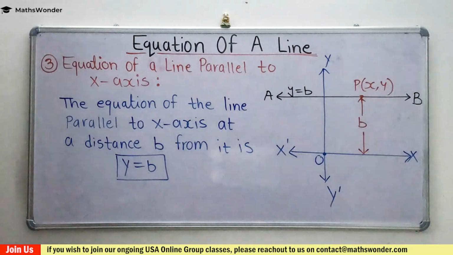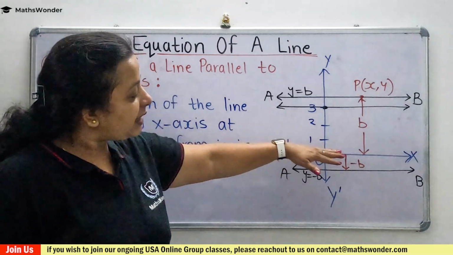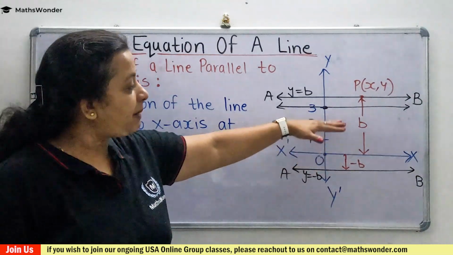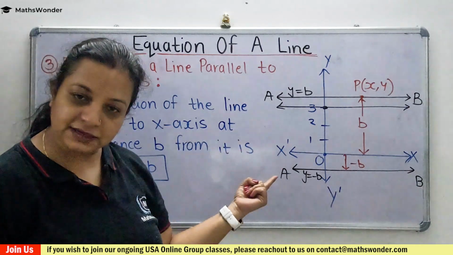y is equal to b means, when you draw the diagram, when you draw the coordinates, okay? So what is the concept? Whenever you draw the parallel line above the x-axis, your y will be positive.